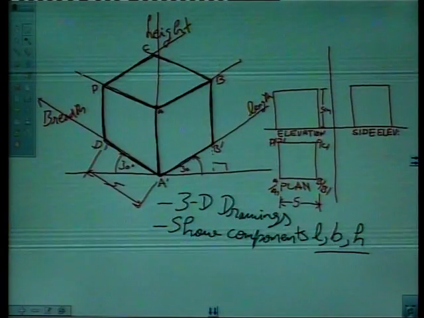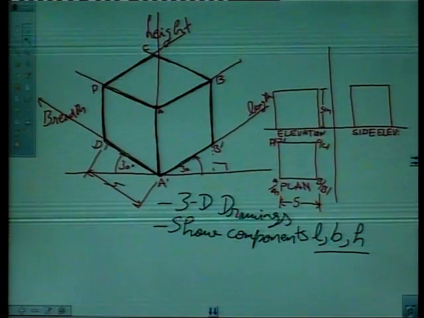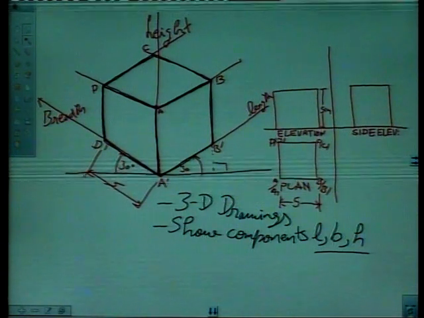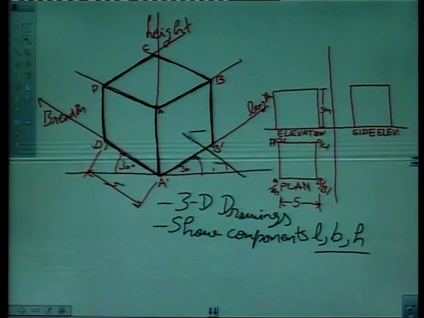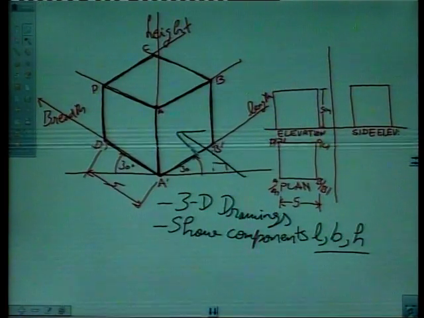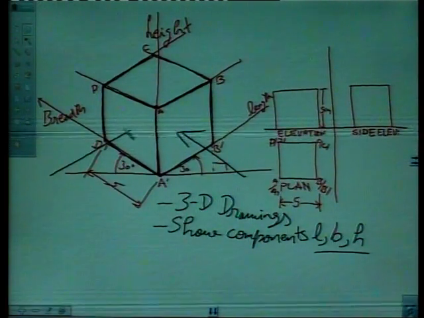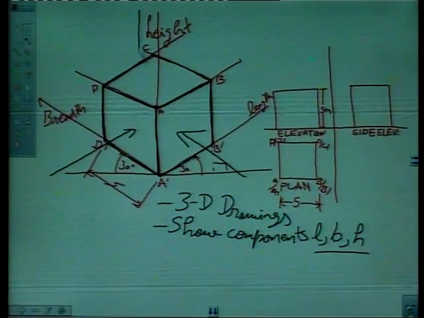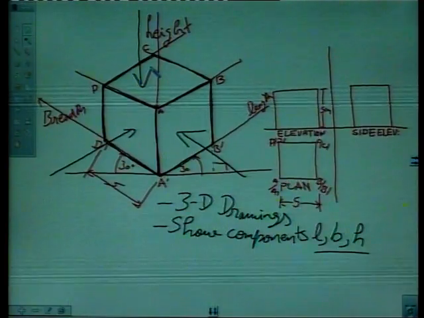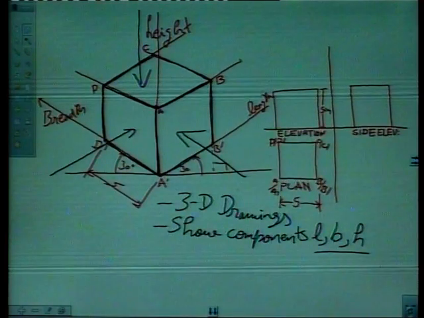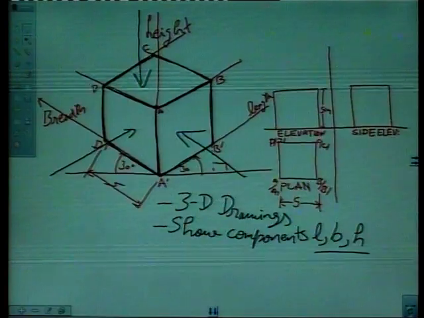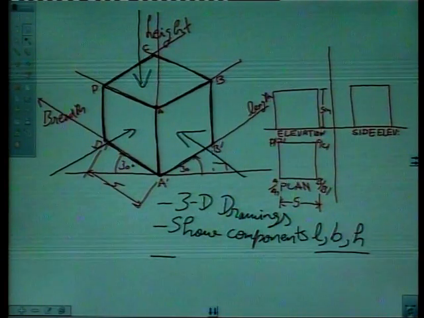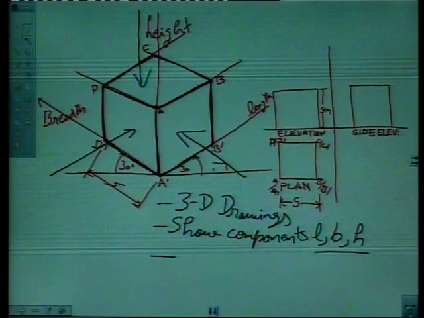Third, this isometric drawing gives us, say, this arrow represents front elevation, this arrow represents the idea of side elevation, and this arrow represents the idea of a plan. So we can learn about the plan, elevation and side elevation of the object.